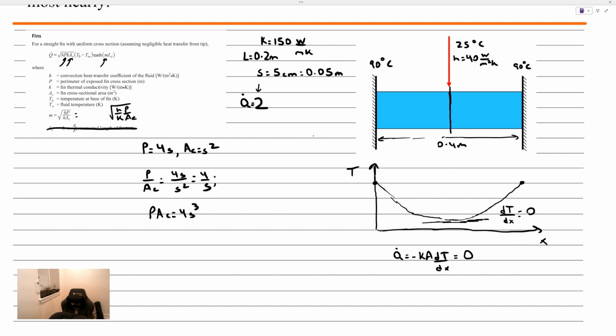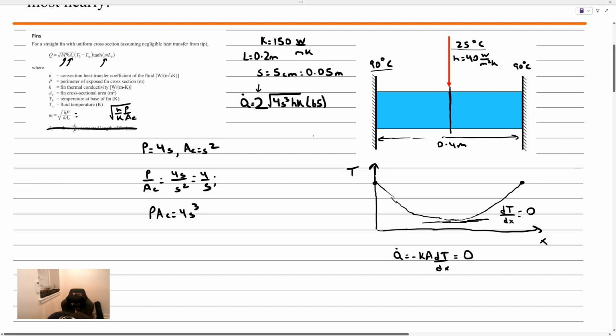And we already accounted for the fact that there's two of them by doubling that Q. We have the square root of P times A sub C, which is 4S cubed that we computed below, times H times K. Additionally, we have the difference between the base and the free stream fluid. The base was at 90 and the free stream is at 25. That will put us at 65 degrees of delta T.